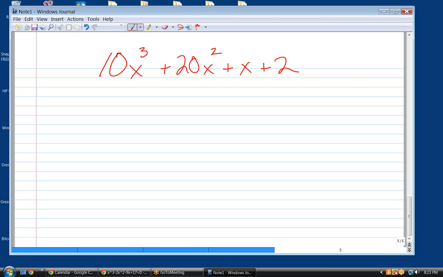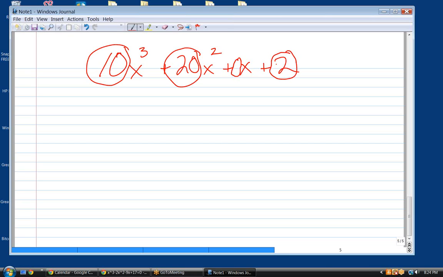What do we require to be able to group a cubic? You need the ratio of this number to this number to be the same as the ratio of that coefficient to that number.